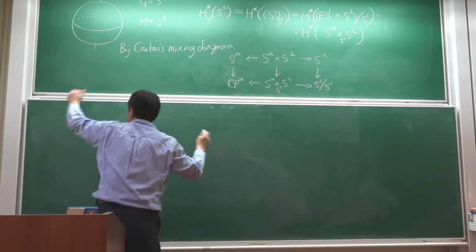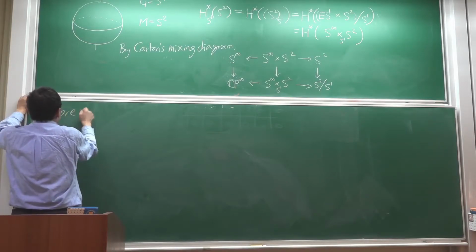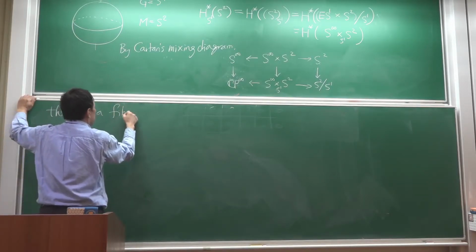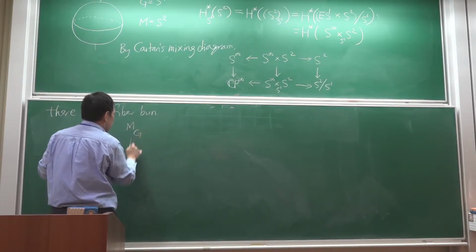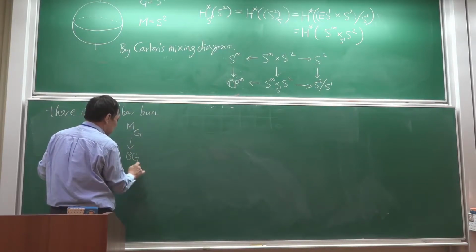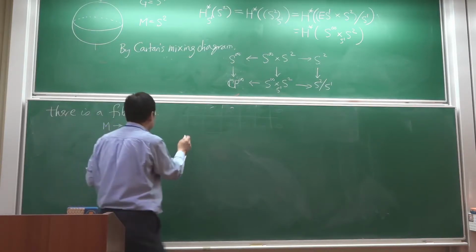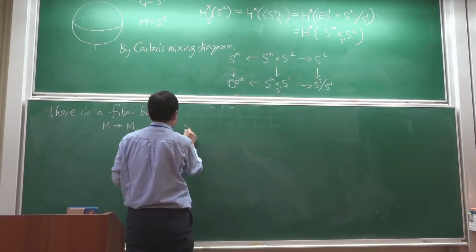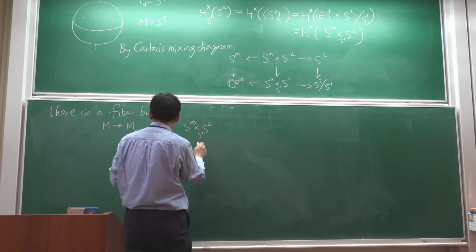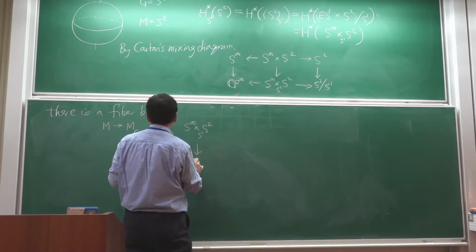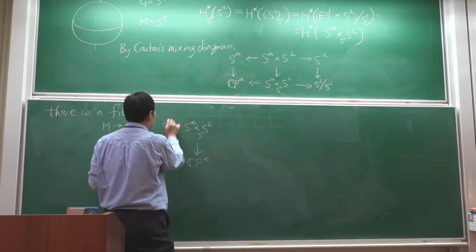It's always MG over G with fiber M. In this case, it's S infinity cross S2 over S1 over CP infinity, and the fiber is S2.